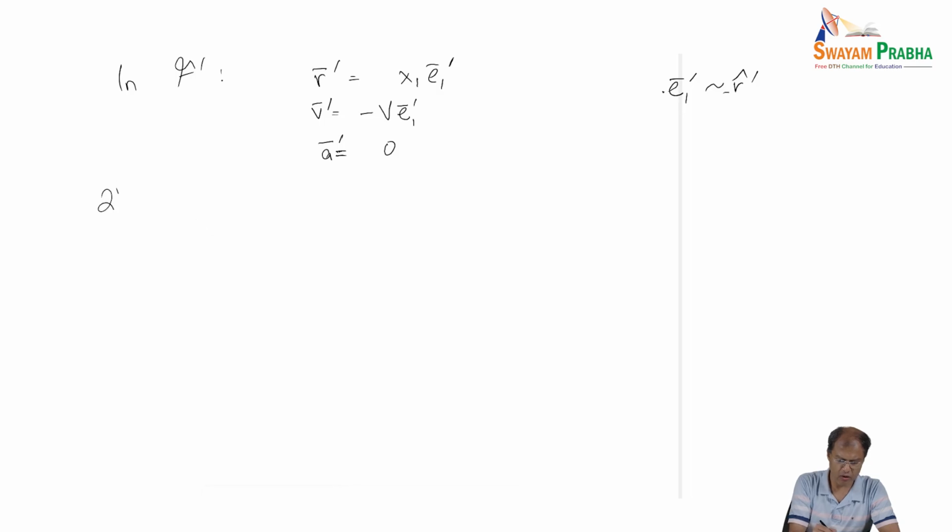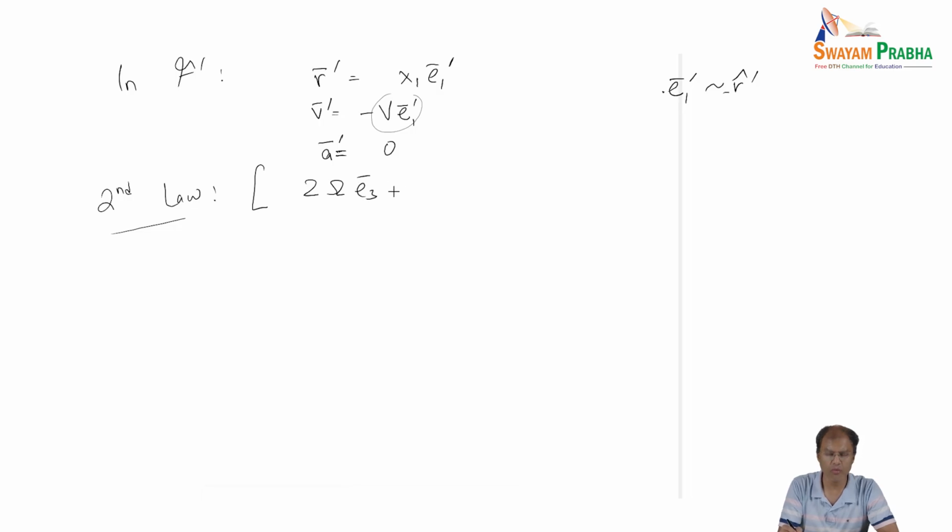So then in the second law, we can write down the force balance in the moving frame. So we see that the net forces are the velocity of the man. So we have 2 omega E3. So we are writing the force balance with respect to the fixed frame F. So 2 omega E3 cross with minus v times E1 prime, and then plus omega E3 cross with omega E3 cross with x1 E1 prime.